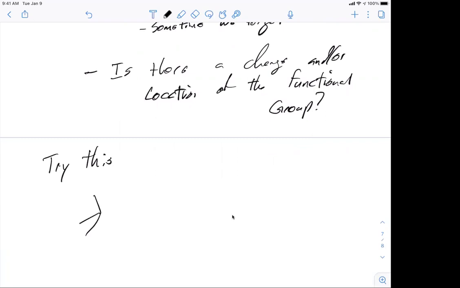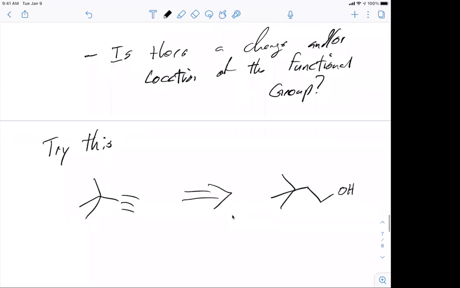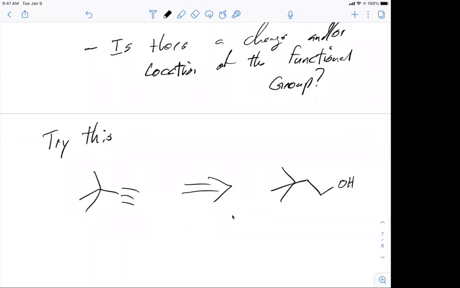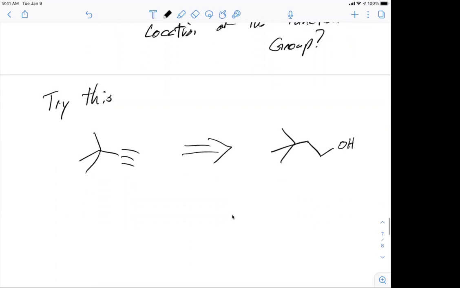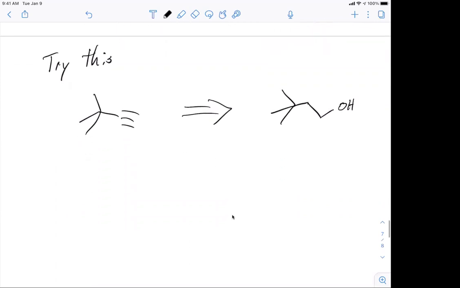And I'm going to use retrosynthesis arrows for some of these. Okay, so this is a retrosynthesis arrow. So let's take a look at that one, and let's take a look at this one.